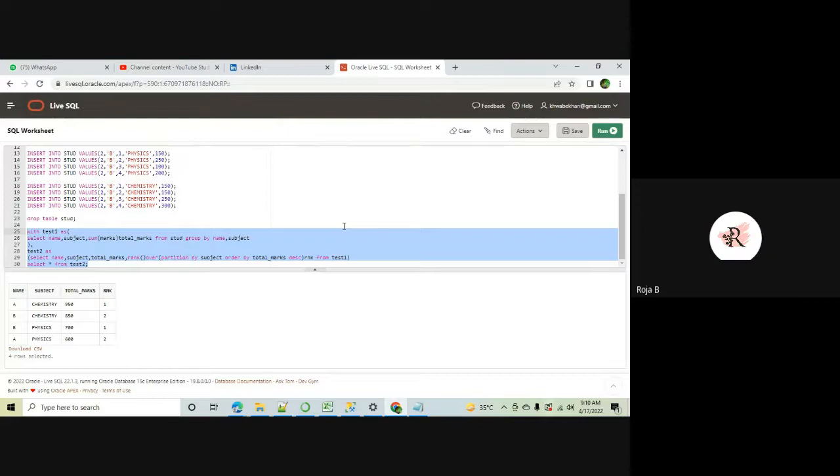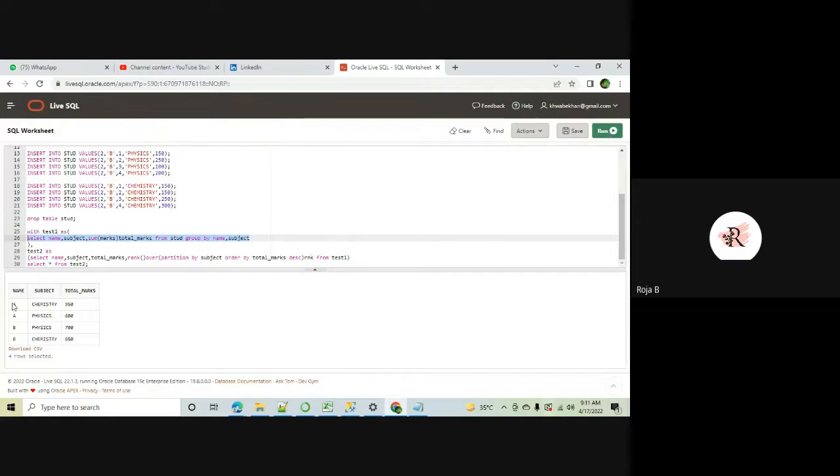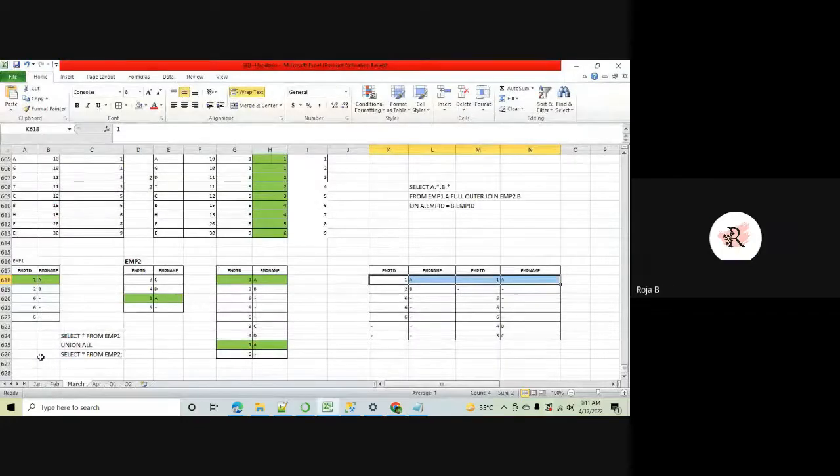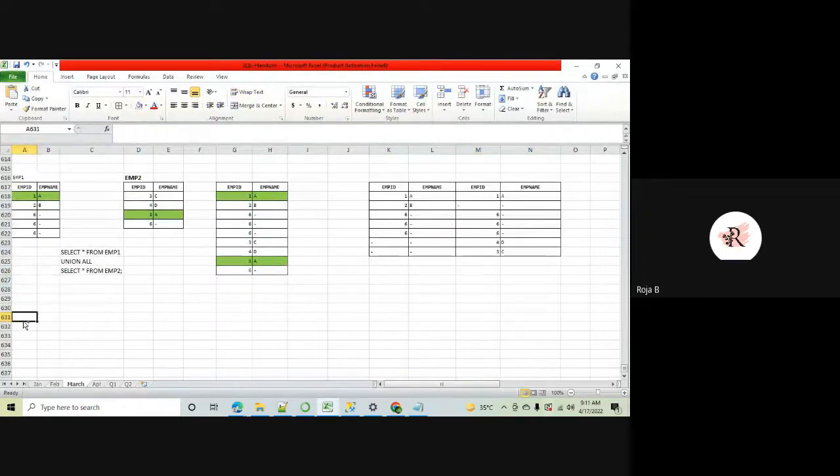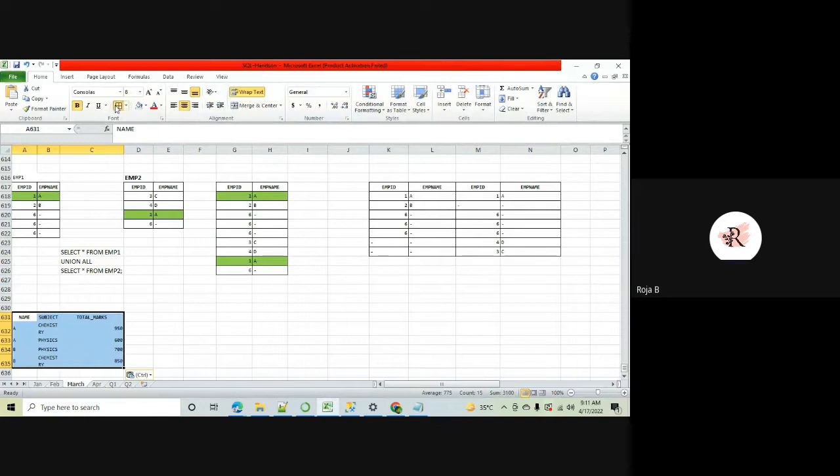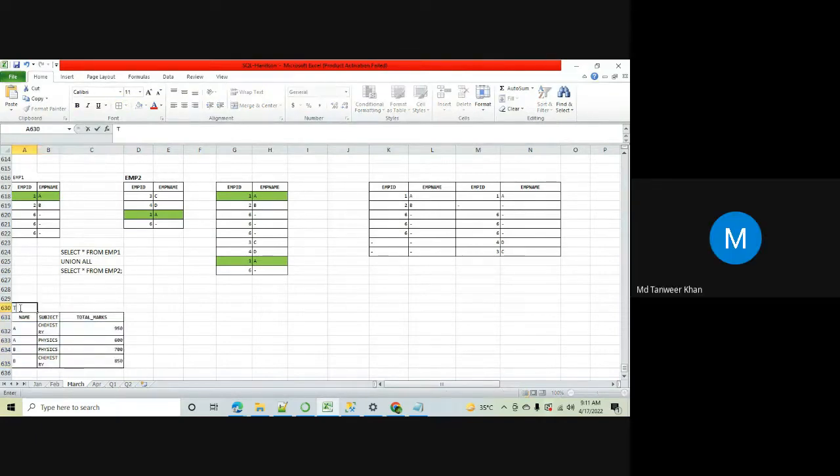In test one, we are adding all the marks according to the subject. This is the temporary table test one. First of all, tell me what I have done in test one.